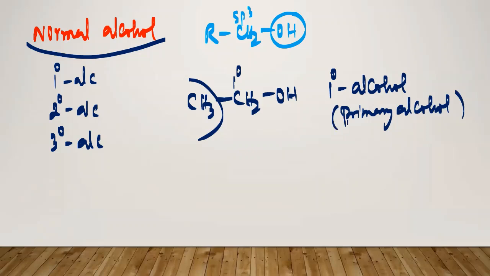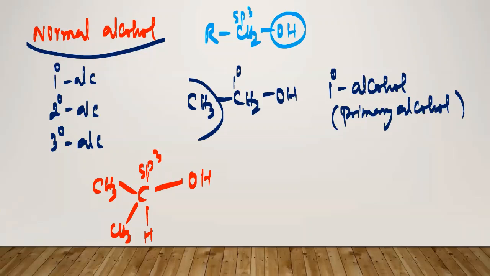Now look at the 2 degree alcohol, my dear friends, where the OH group will be present on a 2 degree carbon. So look here, if you have CH3, CH, CH3, and OH. Now the OH group is attached to an sp3 carbon, but that sp3 carbon is here a 2 degree carbon, my dear friends.